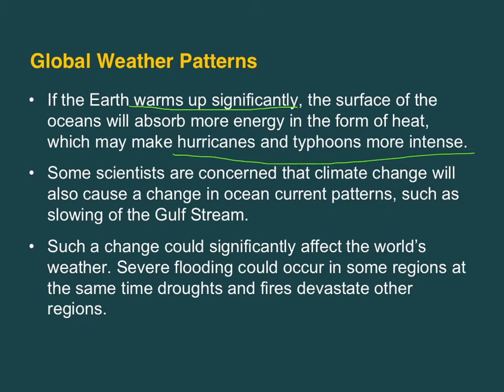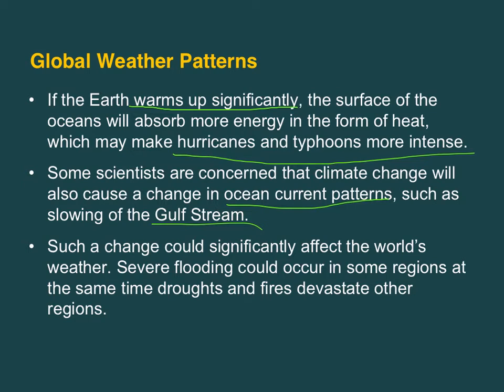However, we also could see, and we know this has happened in the past, something that changes ocean current patterns, like the Gulf Stream, which runs up from the Caribbean along the East Coast and then across the northern Atlantic over to Europe. It's why countries on the western edge of Europe experience milder weather, at least temperature fluctuations, than we do, even though we're at the same latitude as them.